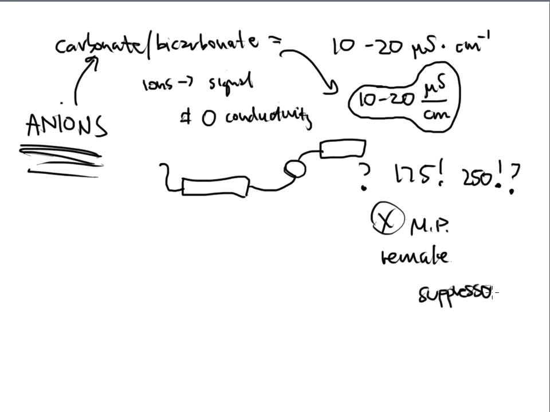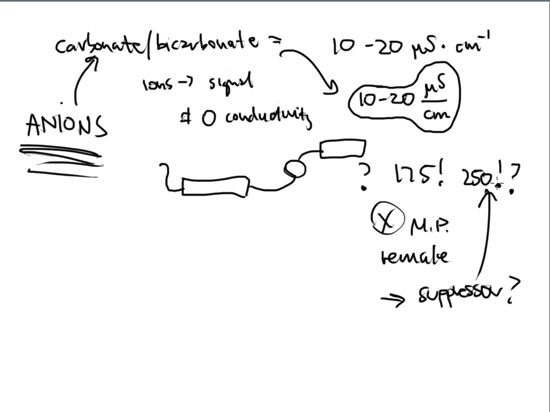And the suppressor problems we need to talk about in a different section, because this could also lead to very high conductivity values on the anion side. So again, we'll wait on that, but right now, if your conductivity is not the expected 10 to 20 and you're getting a higher number, your only solution is to dump the mobile phase out, remake it, and put it back on.